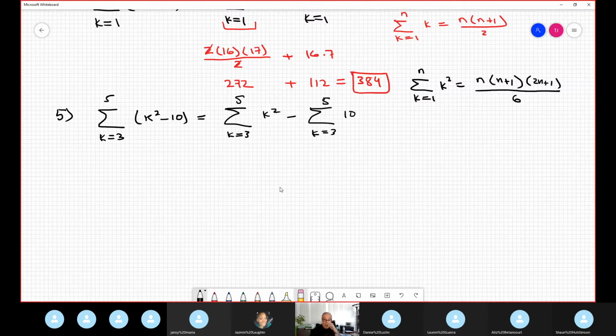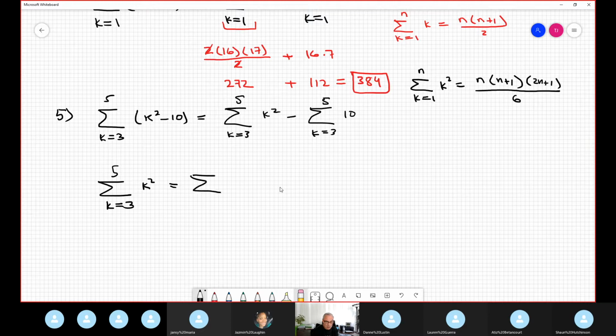But what's the problem? The problem is, suppose I want to compute the summation from K=3 to 5 of K squared. The formula assumes K starting at 1. But okay, no problem. I can break it down like that.